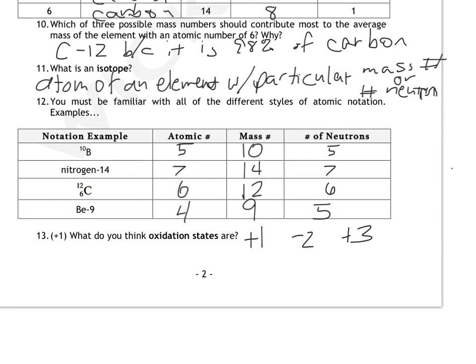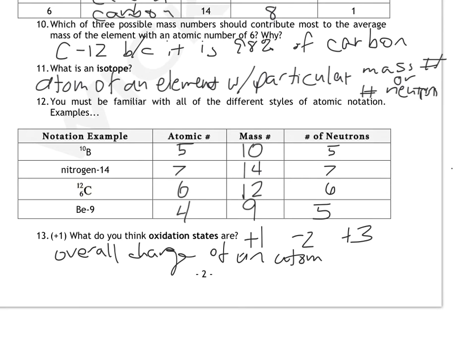And oxidation states, they do have a complicated definition, but for now, what really matters for us is that we think of them as an overall charge of a particular atom. So this is not the charge of the nucleus, it's not the charge of the electrons, it's the charge of the whole atom, and that includes the protons and the electrons. So we take all of it together, and what would the charge of the atom be?